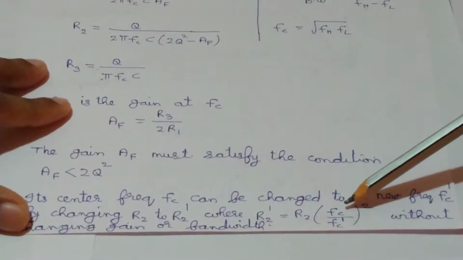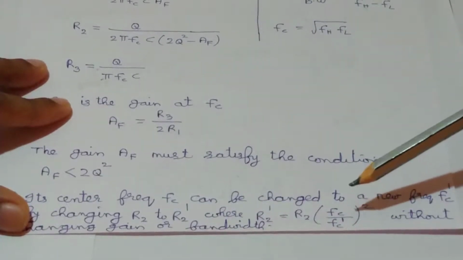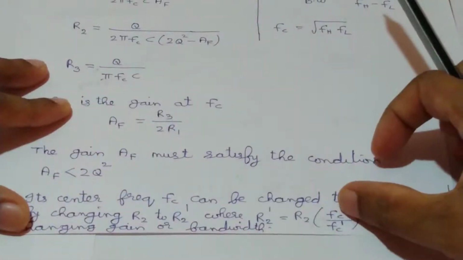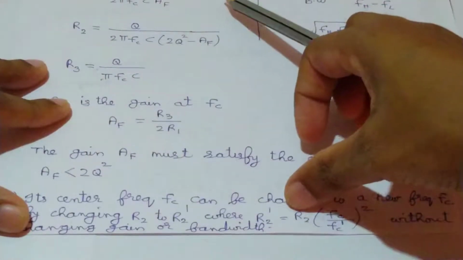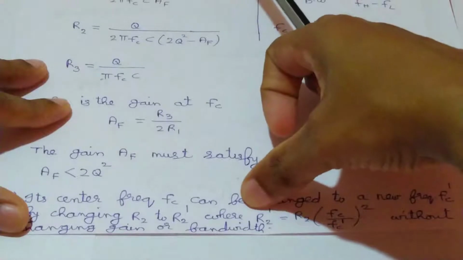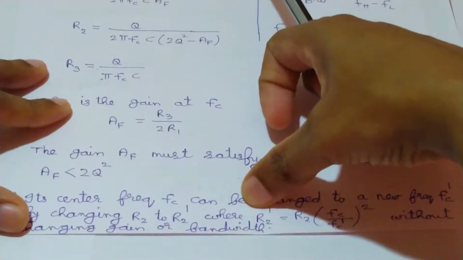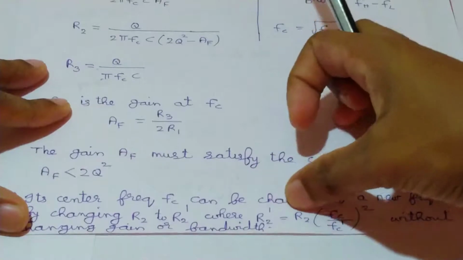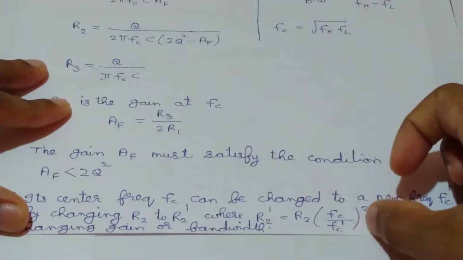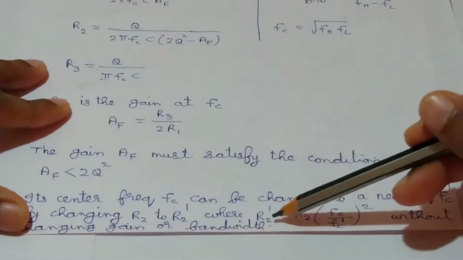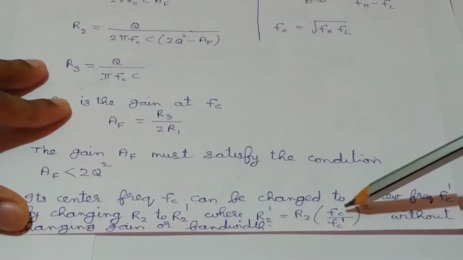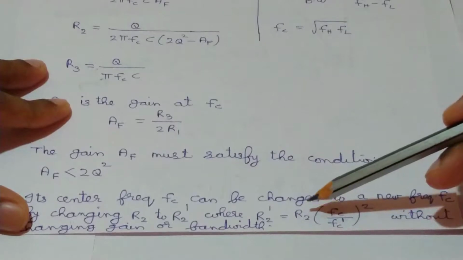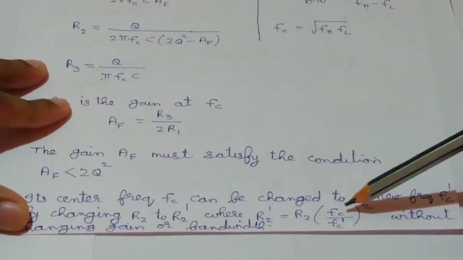Okay, so this Fc is the older center frequency, and if you want to change this Fc to a new center frequency Fc dash, then we need to change this resistance R2 to a new resistance value R2 dash. So this R2 dash is the new resistance value for the Fc dash center frequency, and this R2 is the resistance when the center frequency was Fc.